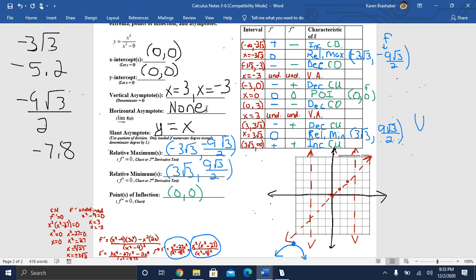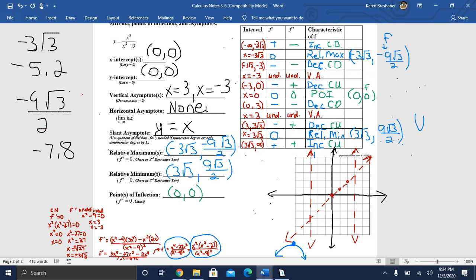Then after the vertical asymptote, we have the graph being decreasing, concave up, and then we hit a point of inflection. So after the vertical asymptote, we have to hit 0, 0, but that means we're going to be starting high and hitting 0, 0.